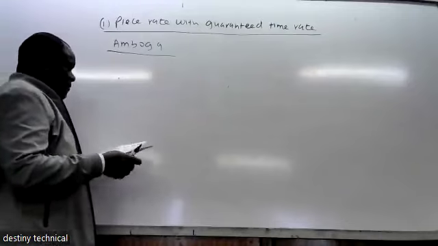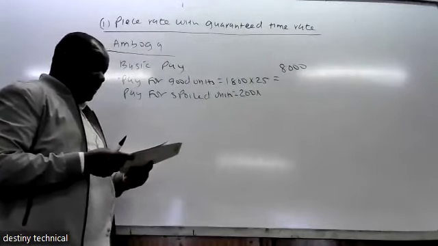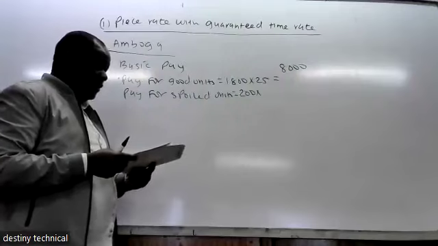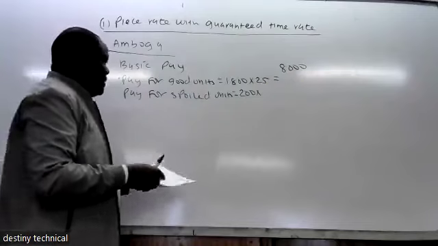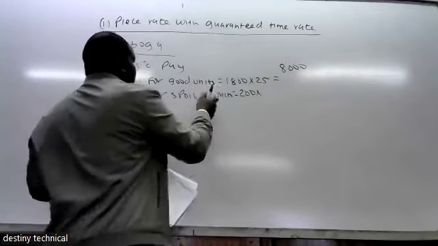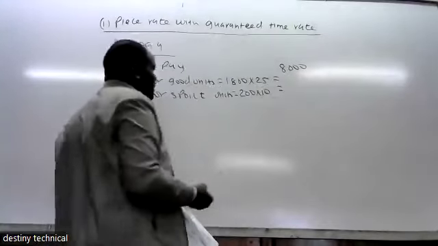Then also the pay for spoiled units. This one will be 200 multiplied by the spoiled rate. The spoiled ones were paid at 10 shillings.